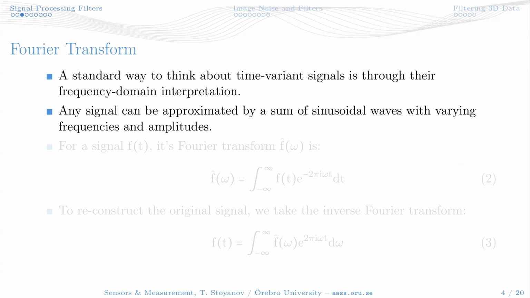This in signal processing is called the Fourier transform. And here I expect you remember Fourier transforms, right? Okay, so it's a standard way of thinking about signals. Instead of thinking about them in the time domain, I think about them in the frequency domain.